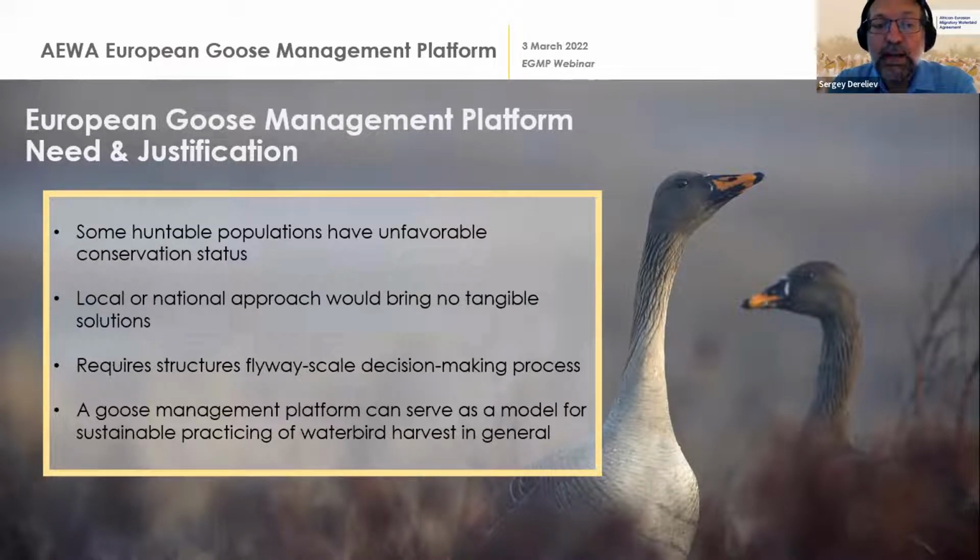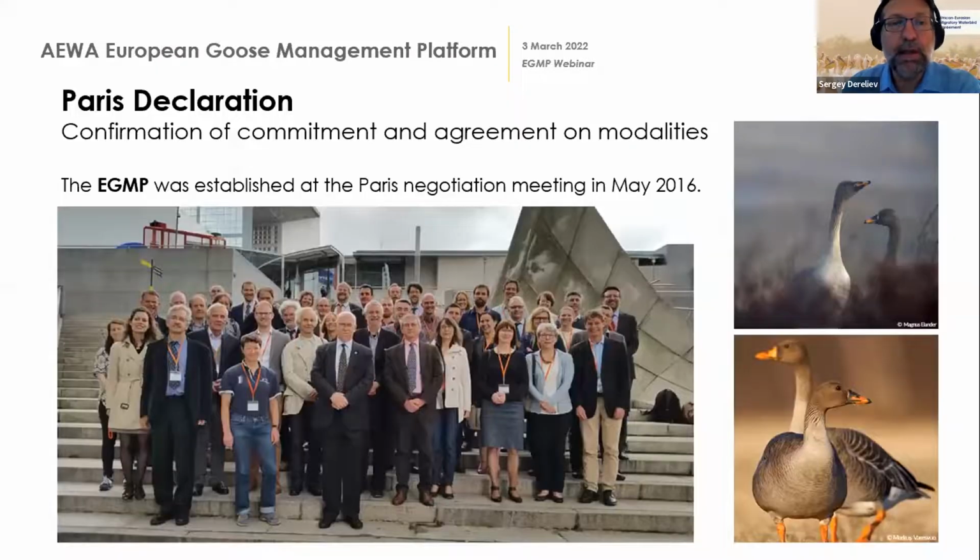And last but not least, a goose management platform was seen as a precursor or a model for further expanding into sustainable use of waterbirds in general, not only geese. So these were the justifications that were identified in order to launch the establishment of such an important initiative.